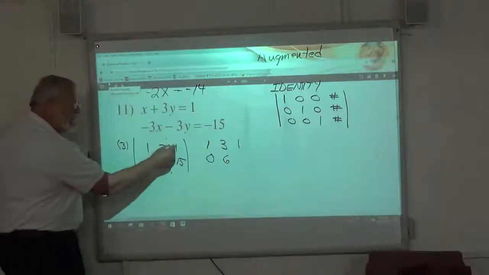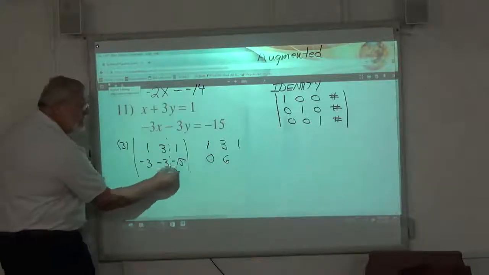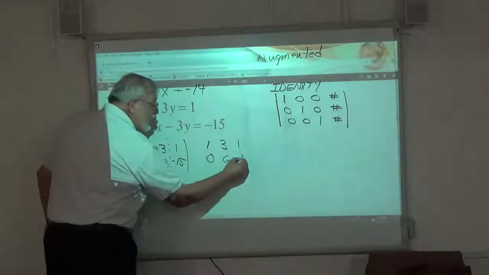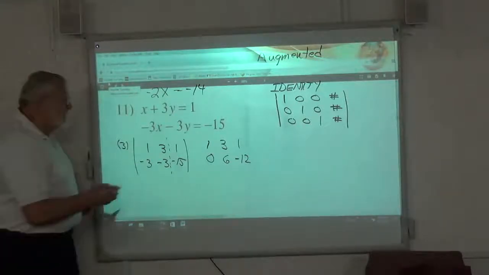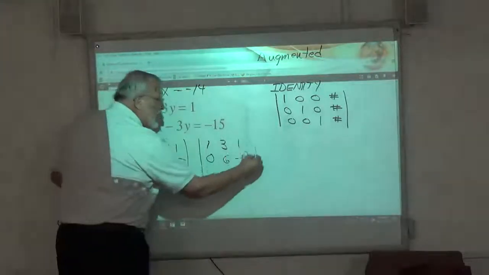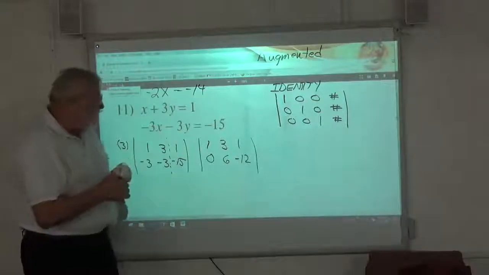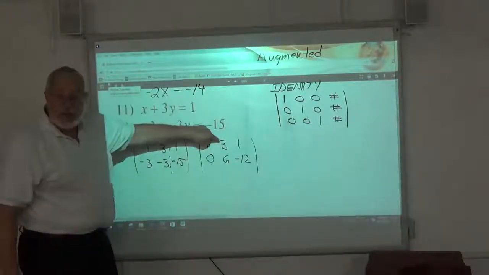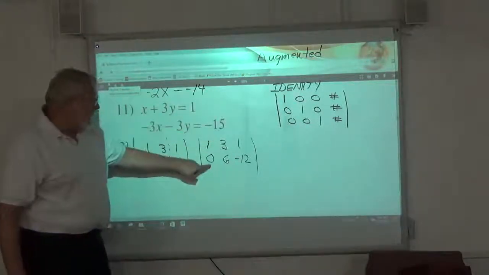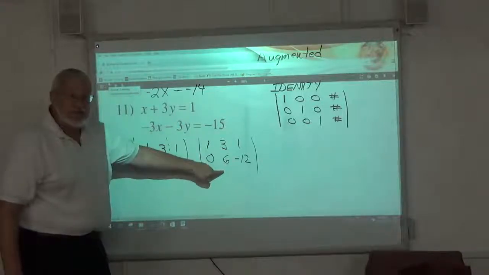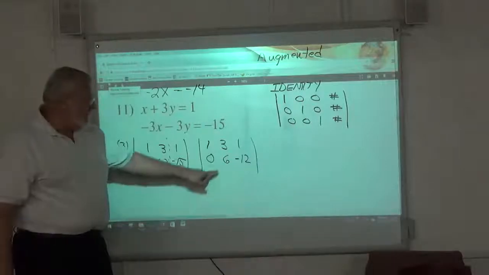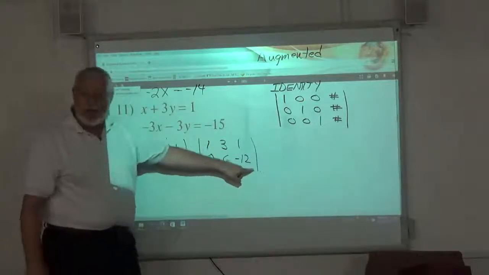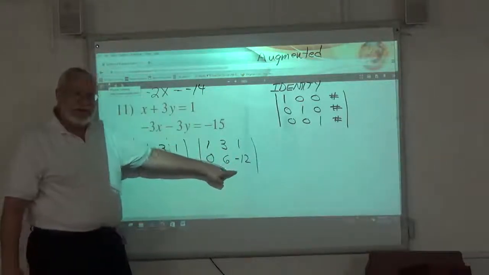And then 3 times 1 minus 15? Negative 12. Okay, so now I have two new equations. I have x plus 3y equals 1, and I have 6y equals negative 12. Now you should see this and know what are these two numbers, how are they related?